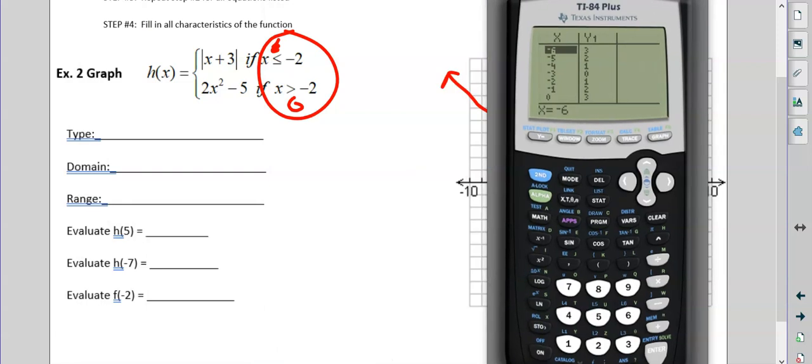Okay, the next one, 2x squared minus 5. So that's going to be a parabola. I'll put in my second one. 2x squared minus 5. Graph. Now again, you can graph the whole thing and cut it and erase the left part, or I can go to my table and know I want greater than -2.